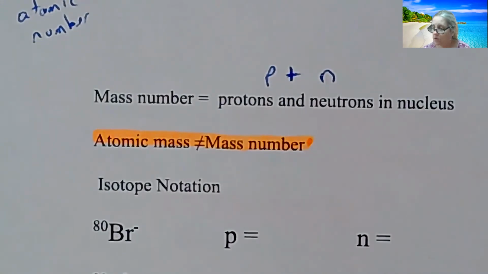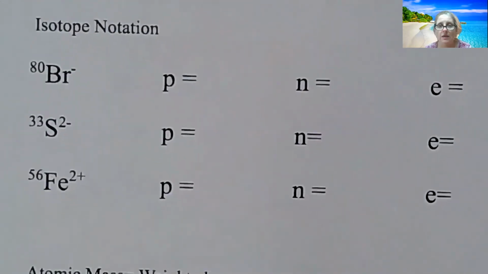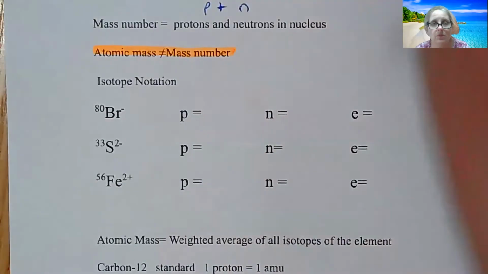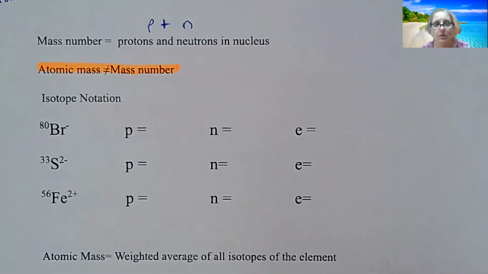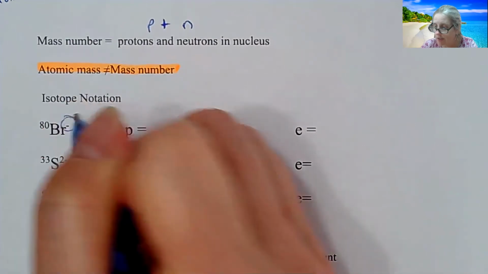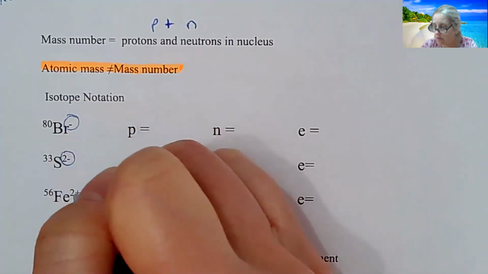All right, so to get a little practice, okay, you will see on your notes, I have given you a couple examples here for you to try the number of protons, neutrons, and electrons. So pause this video, take a periodic table out, and see if you can figure out how many protons, neutrons, and electrons. Now, please note that this is a charge on the outside of these, okay?